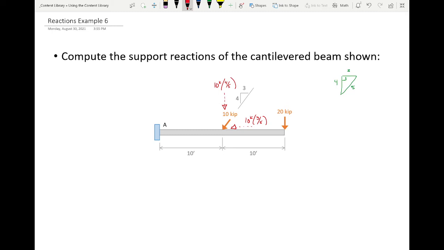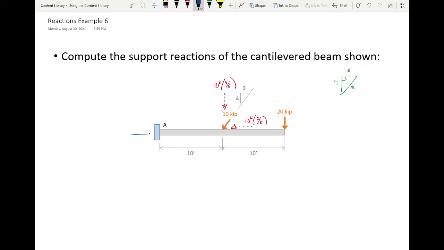Now, let's look at our reactions. This is a fixed support. How many reactions are at a fixed support? 3. Okay. There is a horizontal reaction. Which direction would you like me to draw it? Horizontal.